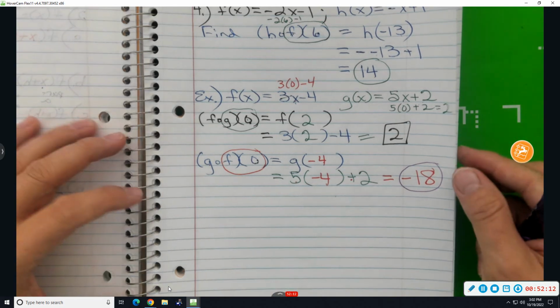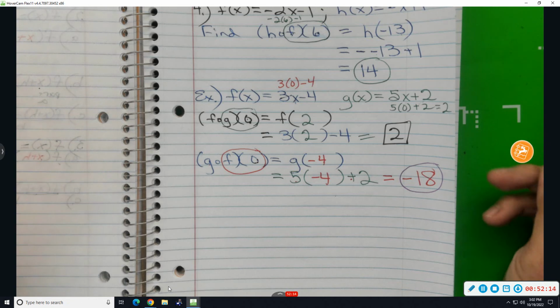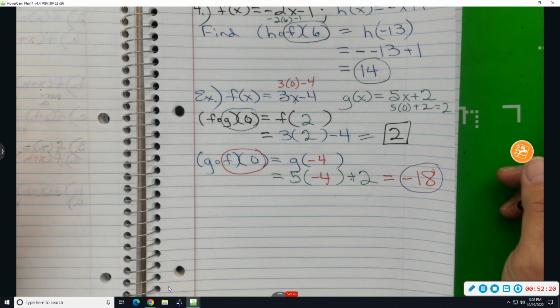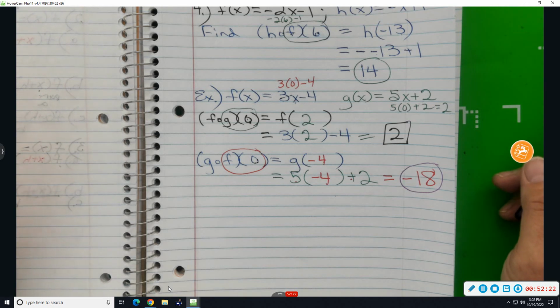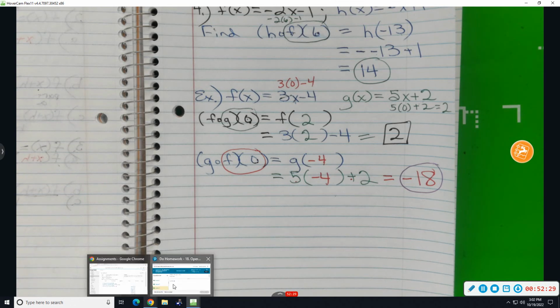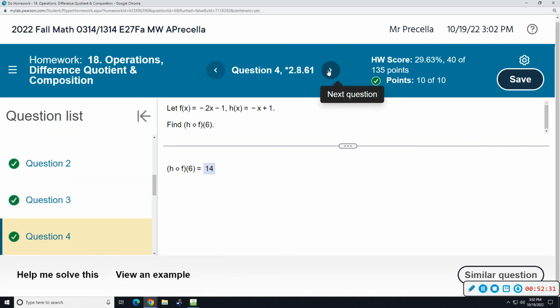When we were looking at functions the first time, we looked at them as just ordered pairs, just sets of ordered pairs. I remember having problems where there was a little table or something, and I think that's what number 5 is going to be like. Let's look. Number 5.